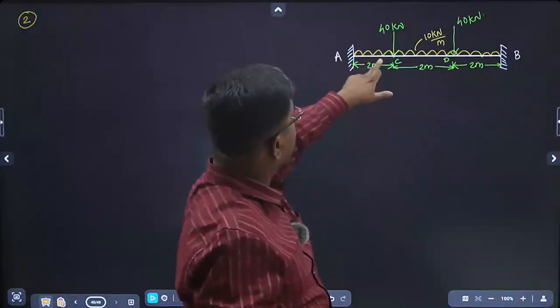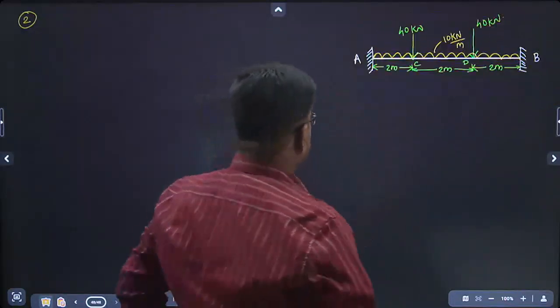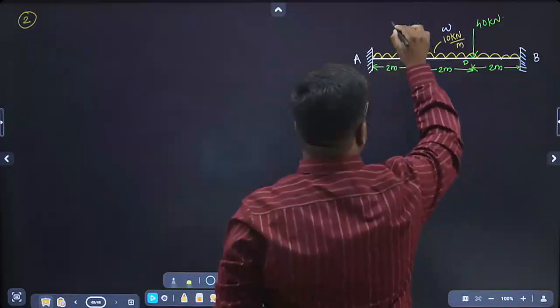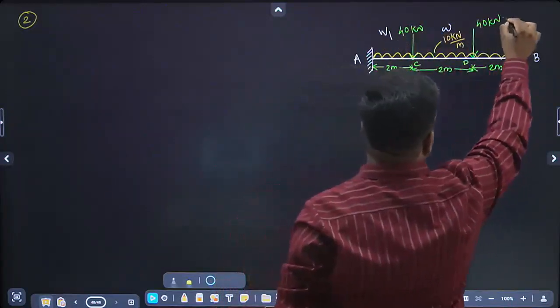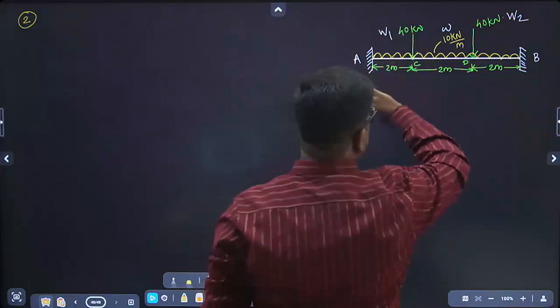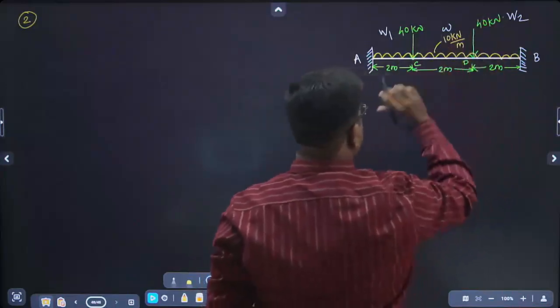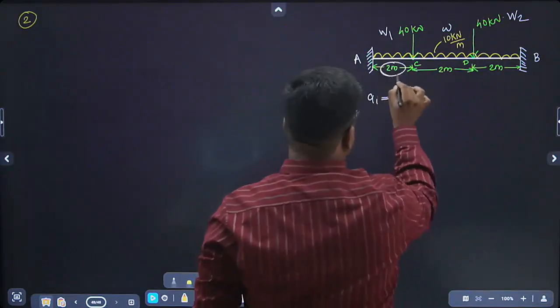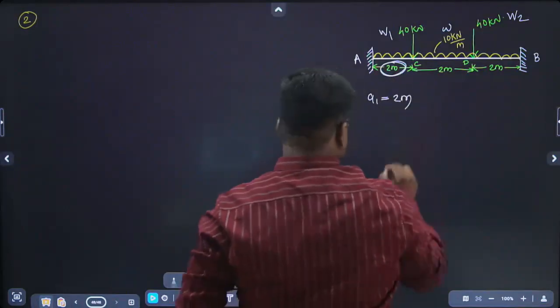See here, this is small w. This is W1 and this is W2. W1 is 40. W2 is 40. Small w is 10. A1 is this much distance, that is 2 meter.